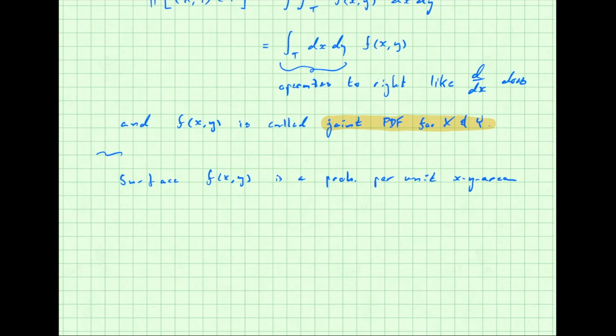Just like you had probability per unit length for one-dimensional probability density functions, and you got probabilities from them by integrating, getting the area under the curve, in this case you get a probability from volumes under the surface.